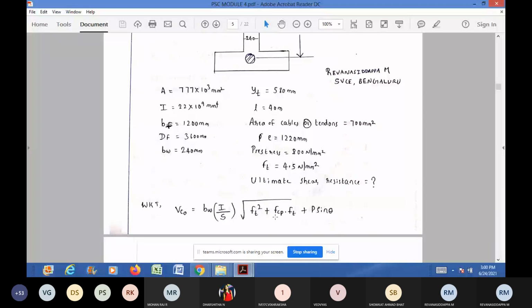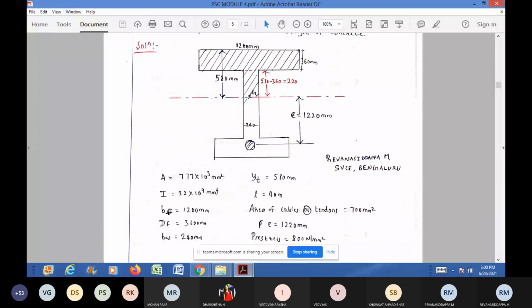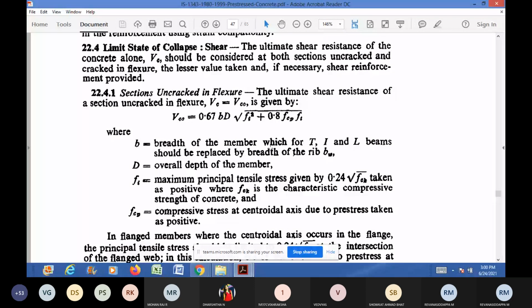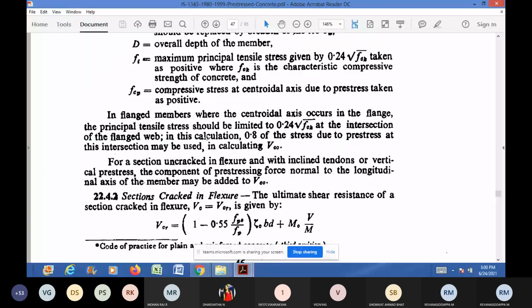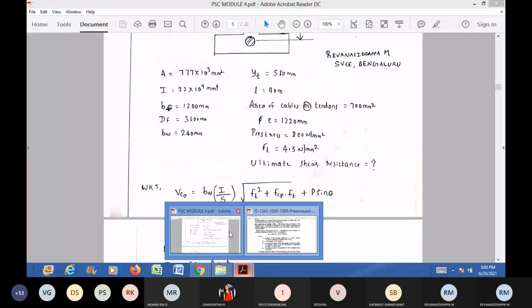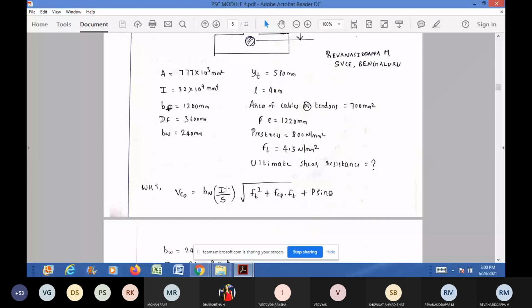Here you can see 0.67 bD into root of Ft square plus 0.8 fcp into Ft. One more important thing I forgot: only this much formula is given.